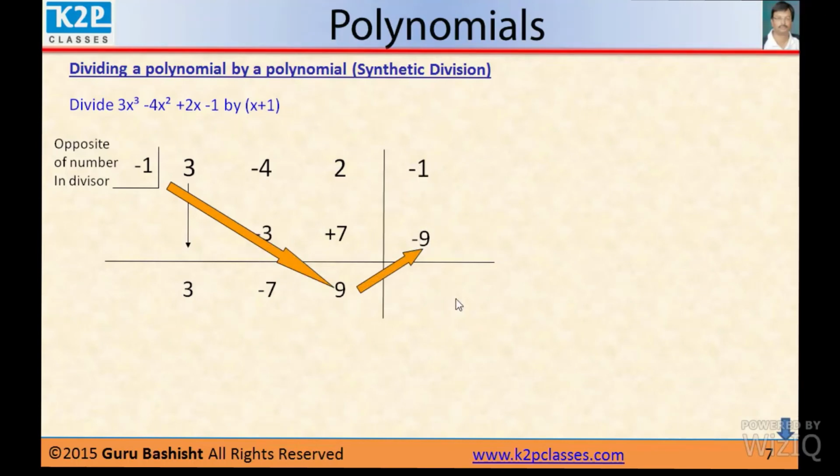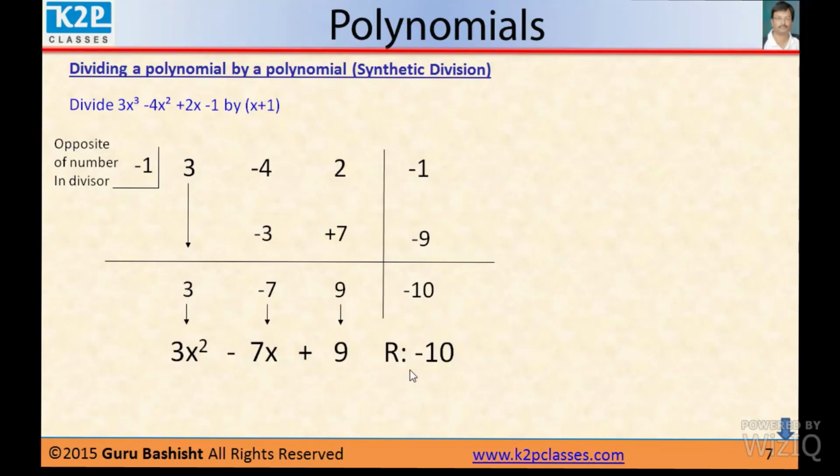Minus 1, and minus 9 here. Then minus 10. And 3x square. Just one less power. It was x cube here, so it becomes x square. 3x square minus 7x, one less than this, and then 9, and the remainder is minus 10.